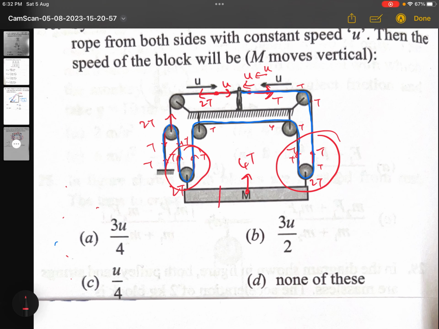So let this block be going upwards with velocity V. I would like to apply sigma T dot V equal to 0.